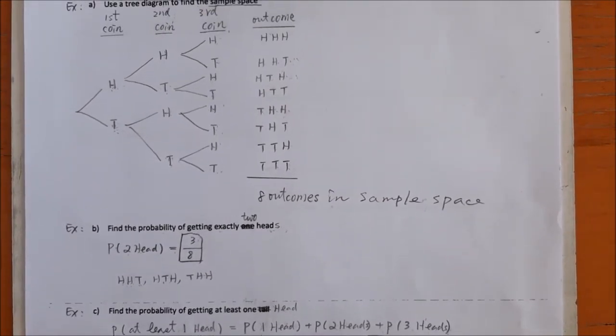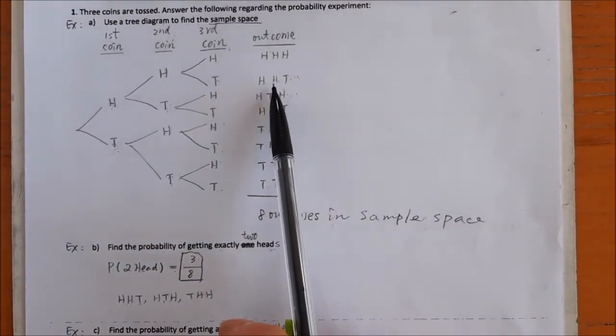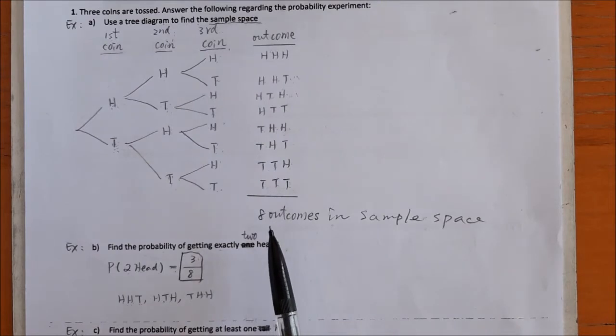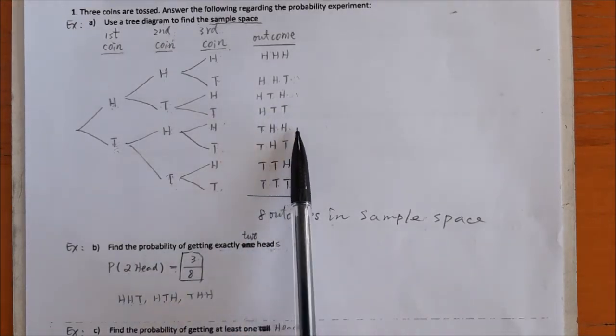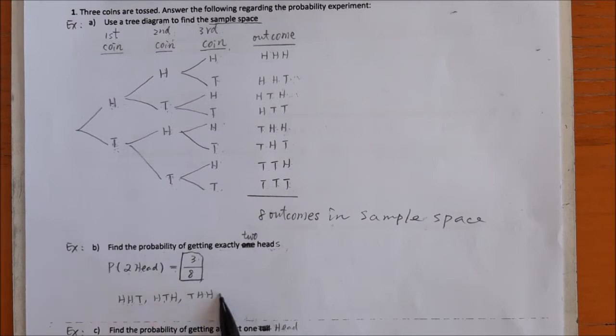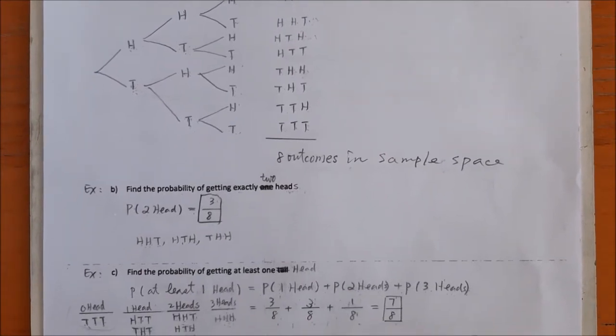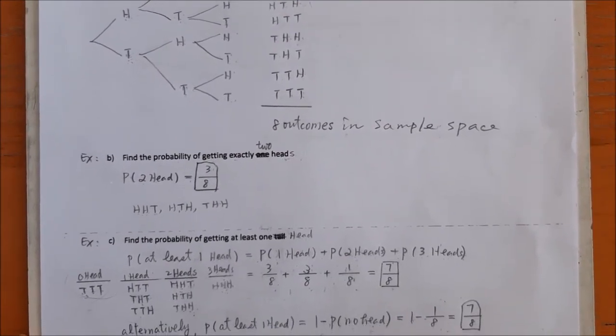On the tree diagram, you can see head, head, tail, or head, tail, head, or tail, head, head. Those 3 outcomes are exactly 2 heads. So probability is 3/8.